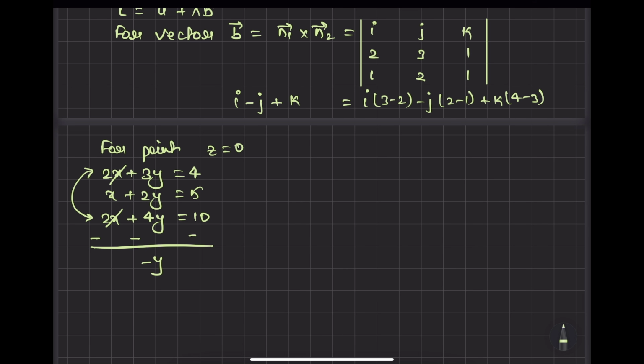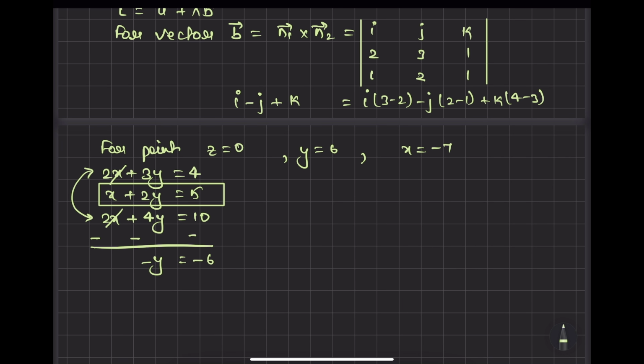So it is minus y equals minus 6. So the value of y becomes 6. Now we will find the value of x. So if the value of y is 6, so 12 this side. Okay, so it is minus 7. So x is minus 7.